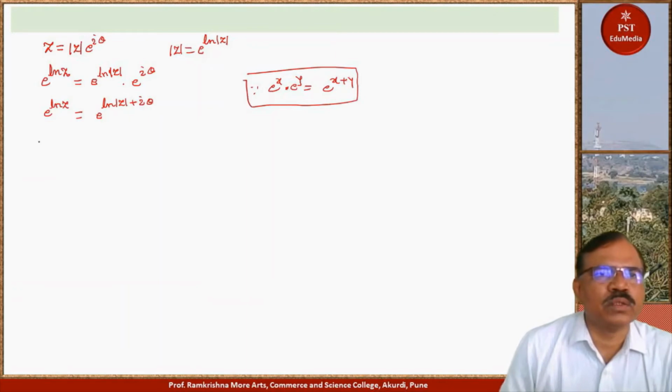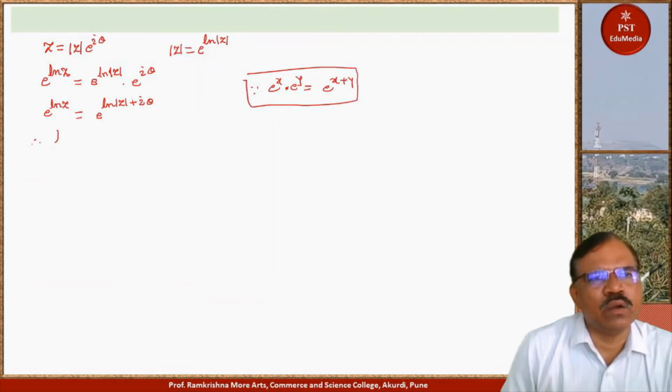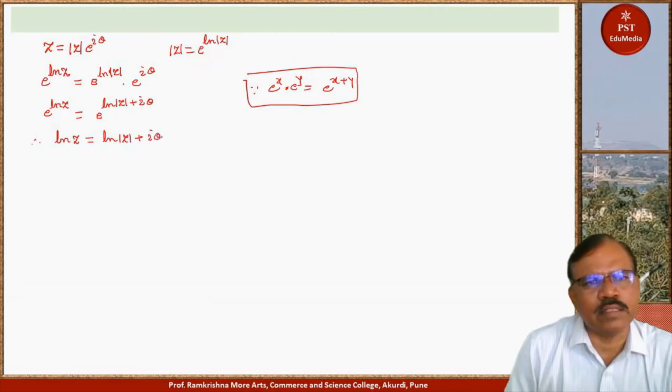Therefore we can write natural logarithm of z is equal to natural logarithm of modulus of z plus i theta. So ln z is ln modulus of z plus i times argument of z.